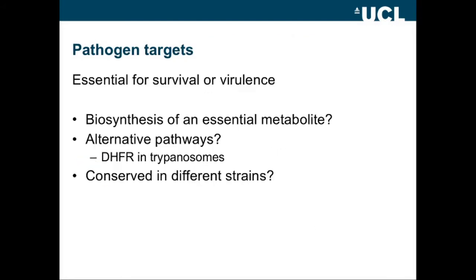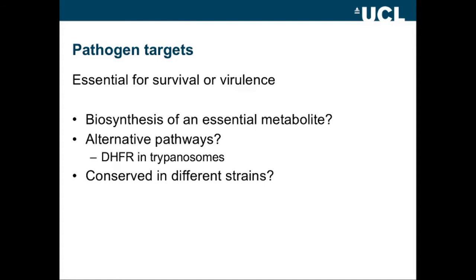If we're interested in pathogen targets, then what we're really looking for is targets that are essential for the survival of that pathogen or for its virulence. So we might be looking for things that are involved in the biosynthesis of an essential metabolite, but if we do that, we have to check that there aren't alternative pathways that could have the same result.